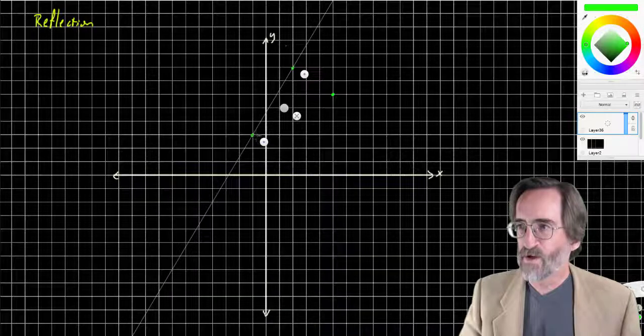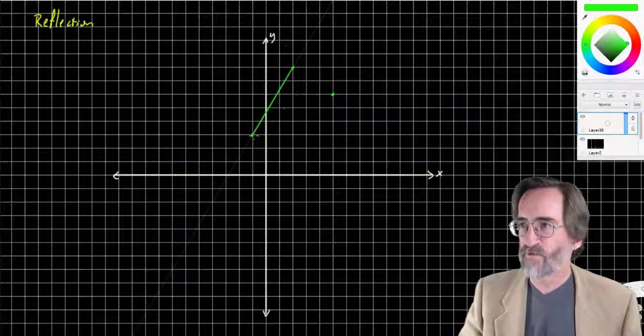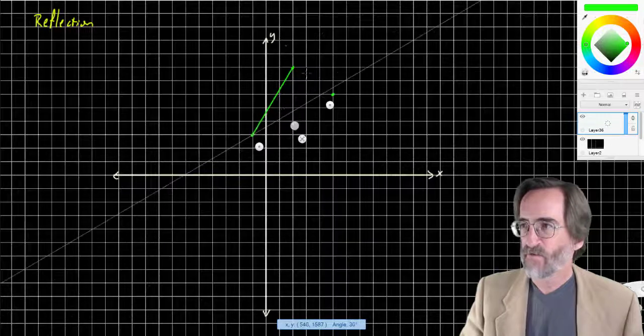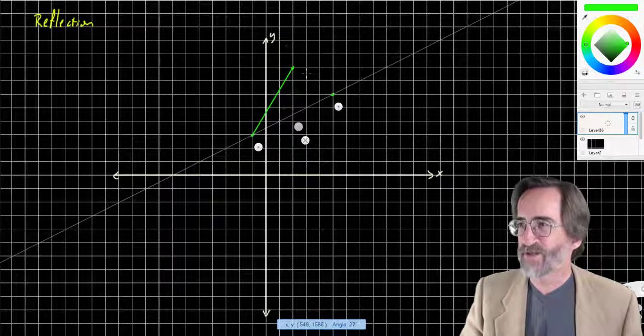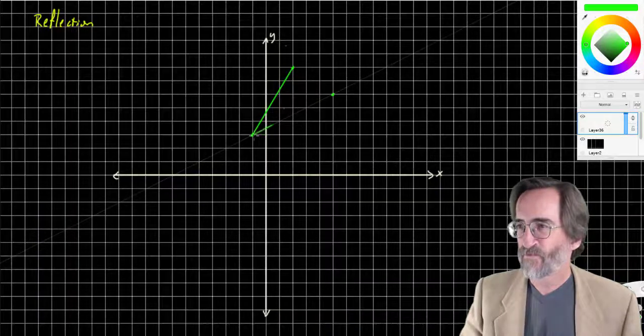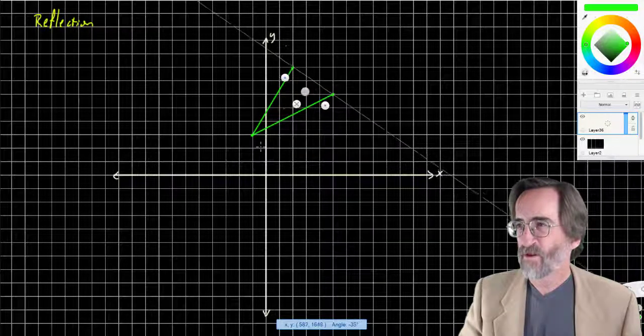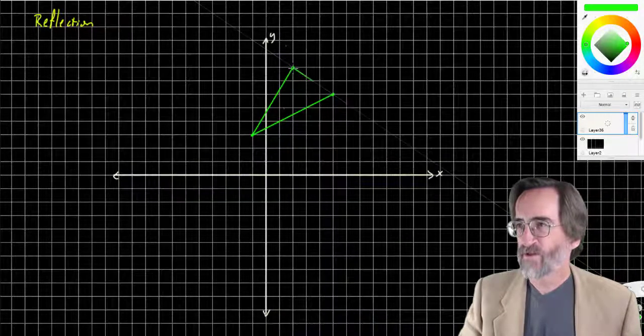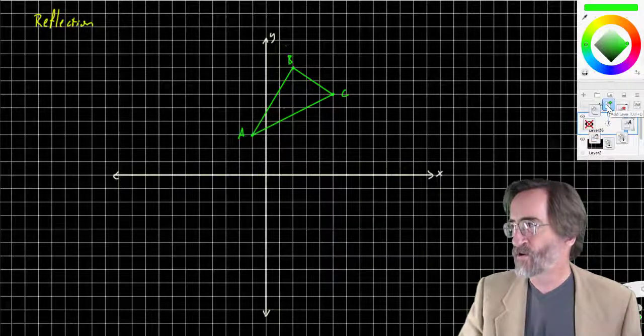And we're going to note the coordinates of the vertices. Vertices is plural for vertex. And this is our original object, A, B, C.